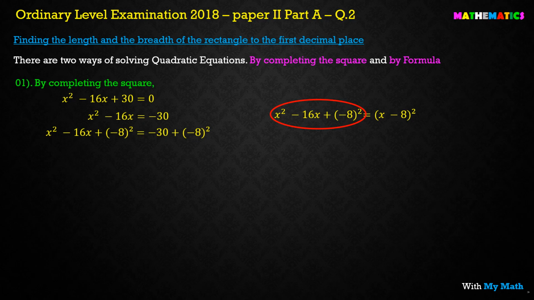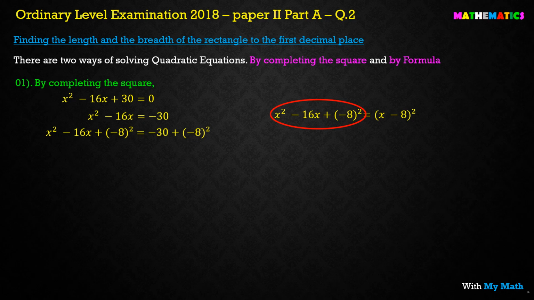In order to complete the square, we add the square of half of the coefficient of x. Minus 16 is the coefficient of x, so we divide it by 2, that means minus 8, and we take minus 8 squared.